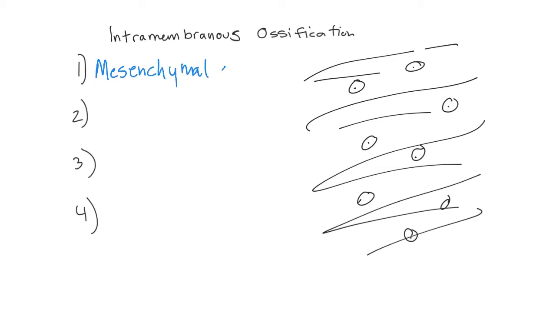we have mesenchymal cells, which we're going to define as these little black ones. Mesenchyme is a precursor to connective tissue, so mesenchyme can become lots of different things.